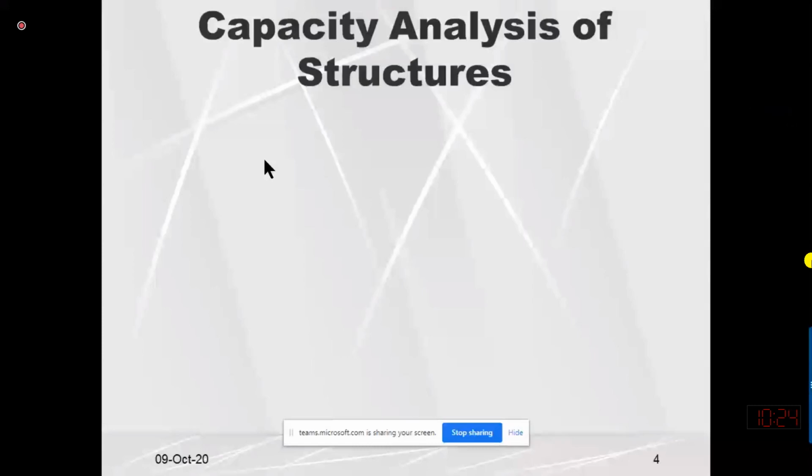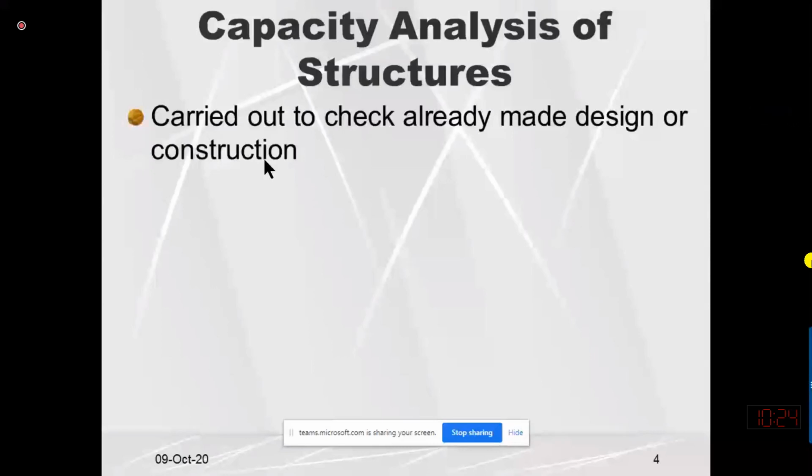So I will compare this capacity analysis with the design later on. But before that, I will give you some key points about capacity analysis. Capacity analysis is for a structural member which is already constructed.